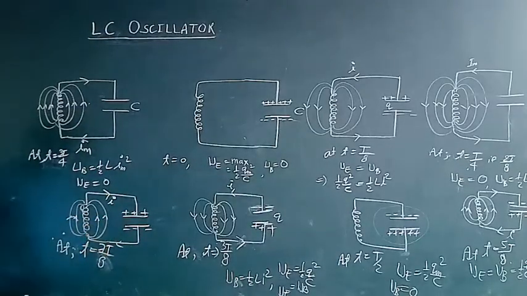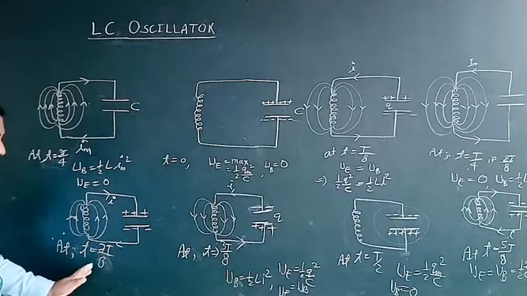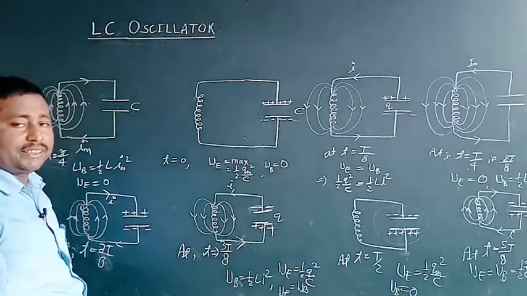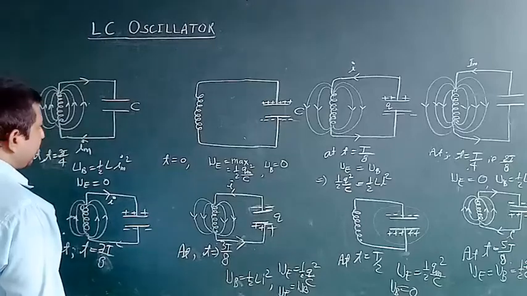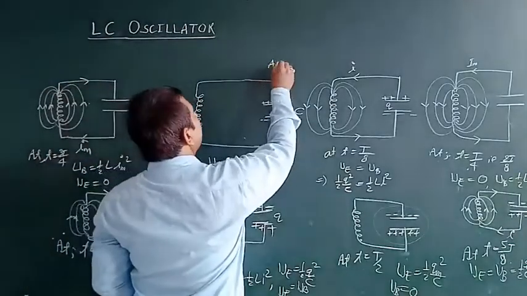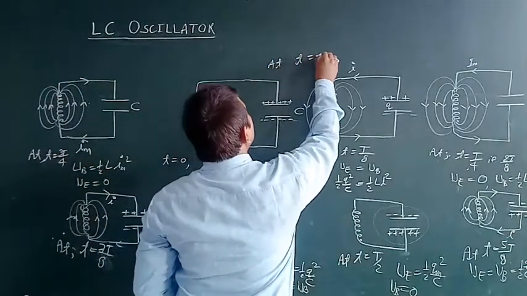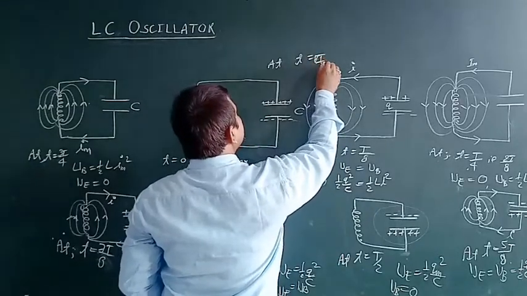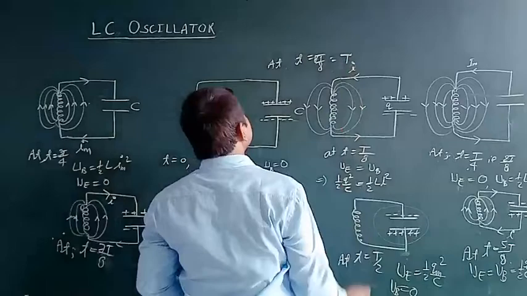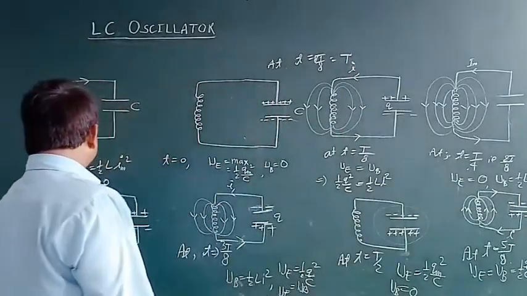Now if we talk about the final condition, that is at t equal to T by 8, T by 8, it means at T. What will happen?